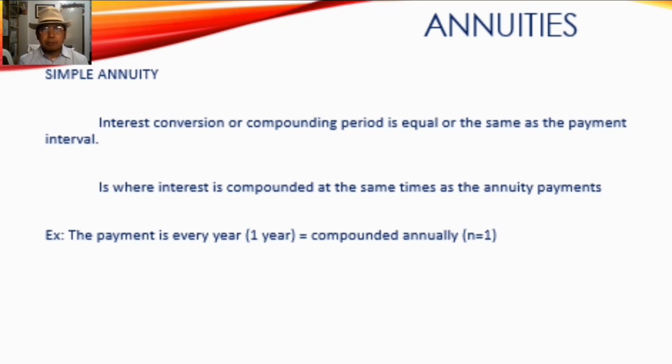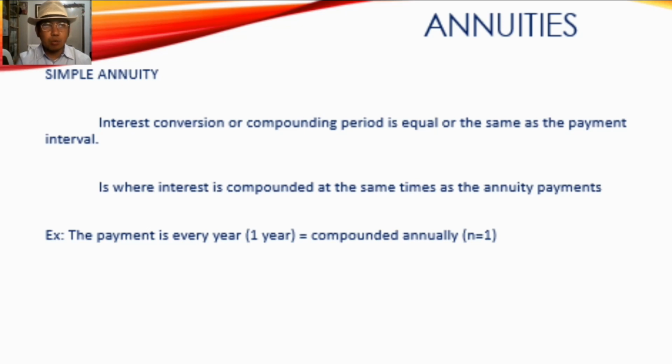So for example, when you have a loan of 10,000 and it is payable annually, and the compounding period is annually also, meaning to say the length of the payment interval is 1 year, which is equal to the number of payments in a year. So how many payments will you be giving in a year?